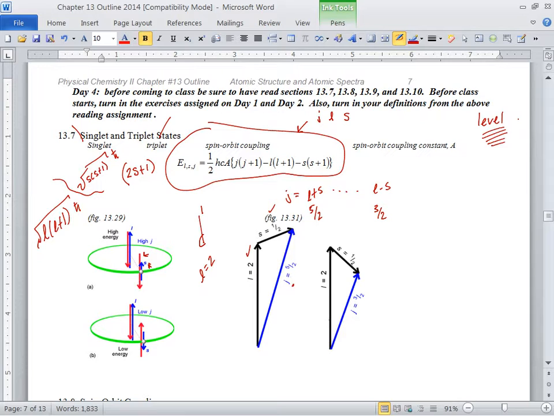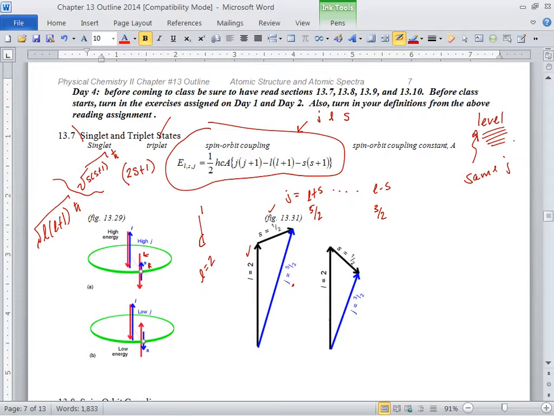When they use the word level, they're saying everything with the same J. That's just their convention. And like I kind of warned you, this stuff is going to be odd until we get to the very end and can see the big picture. So just hang in there. Everything with the same J they call the same level.